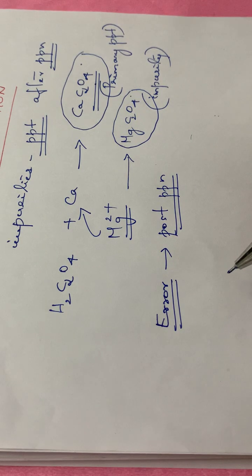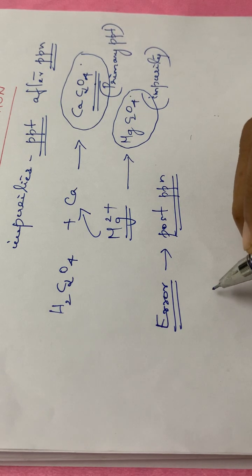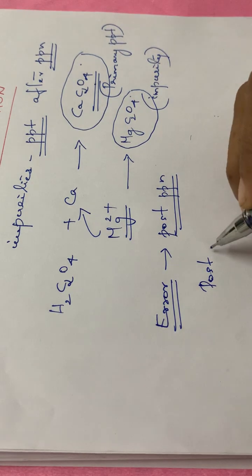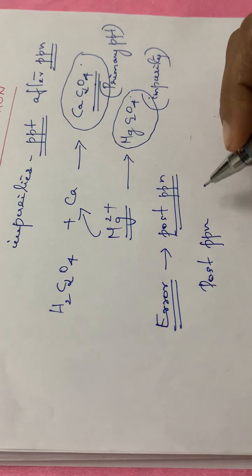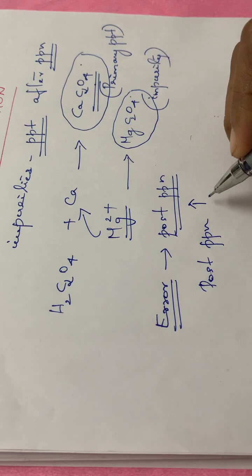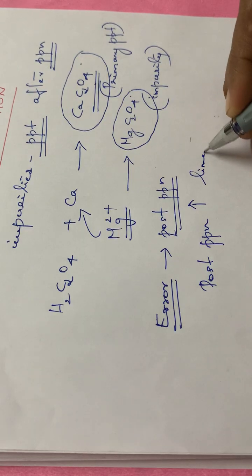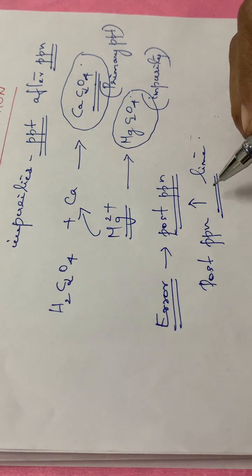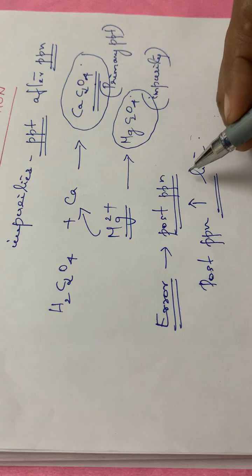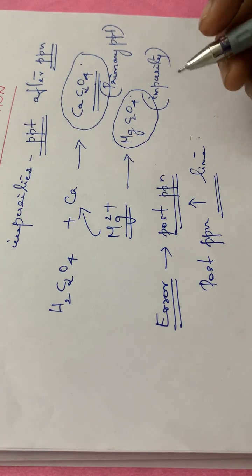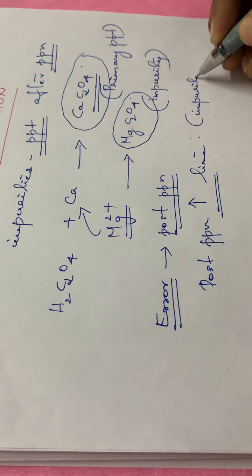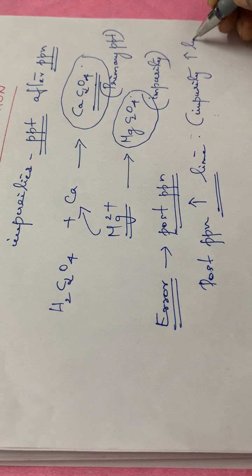Also, post precipitation increases even after the completion of precipitation. Post precipitation increases with time, that is, when the mother liquor is in contact with the precipitate, the post precipitation will increase. That means the amount of impurity will also increase with time.